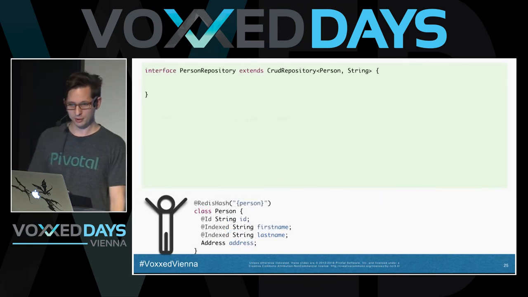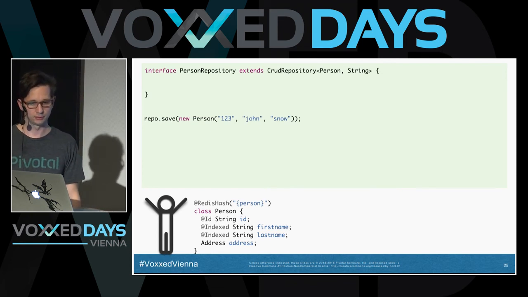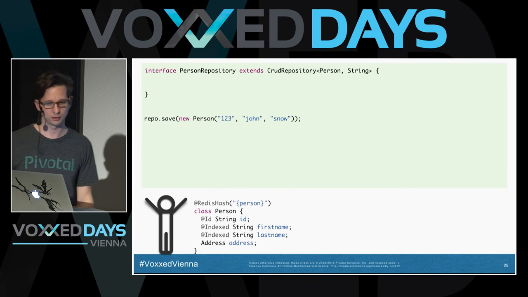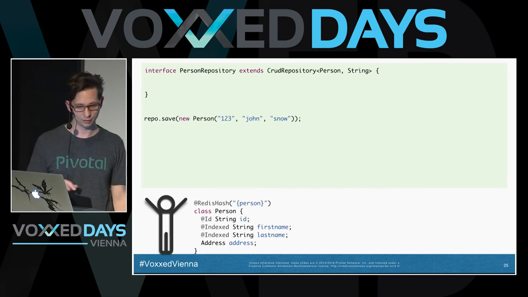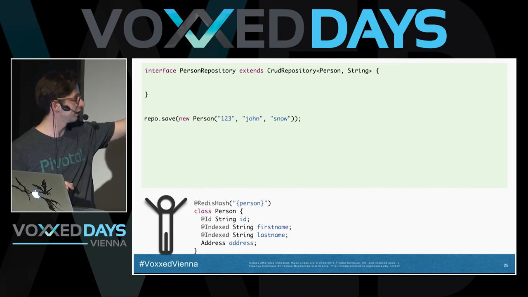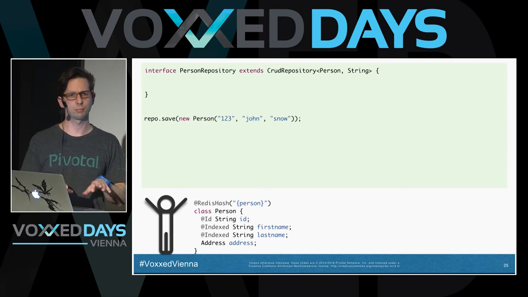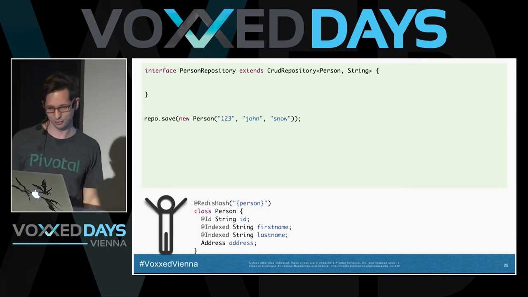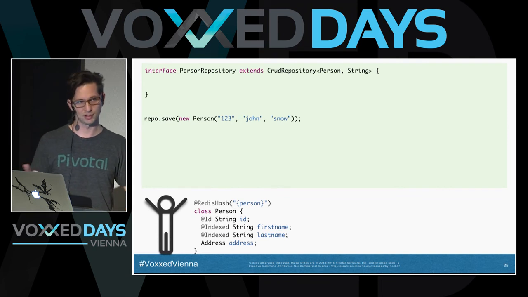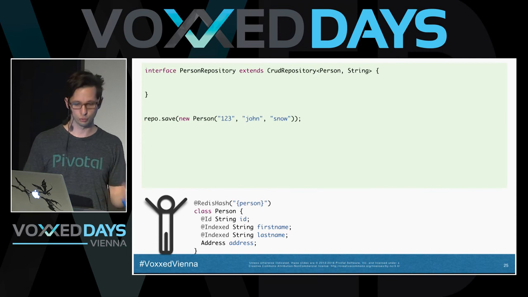And with Spring Data Redis, we support that by using the Redis repositories. So we've got a CRUD repository, and we can just add an annotation down there. We just add Indexed to first name and Indexed to last name. You can set this up programmatically, but for slides, it's better to have those annotations. This will basically tell the Spring Data Redis implementation to create an index for those properties.